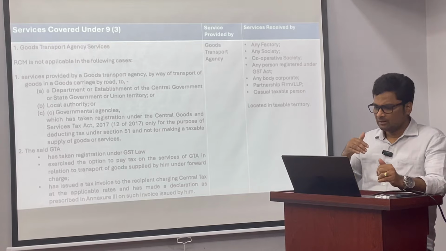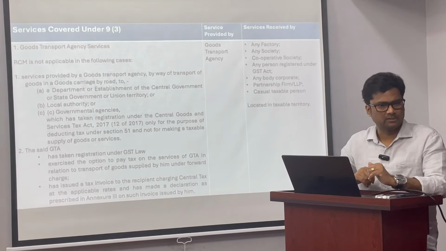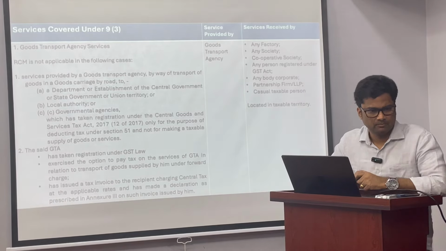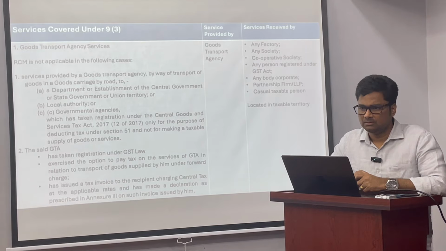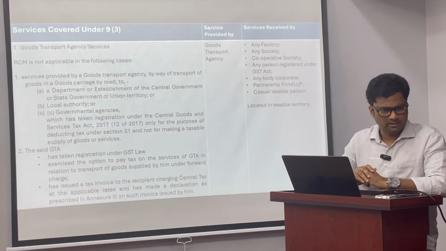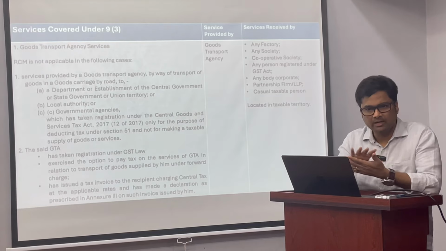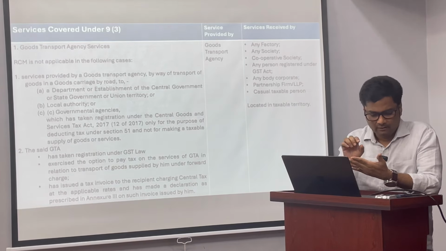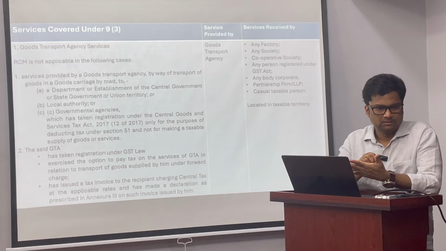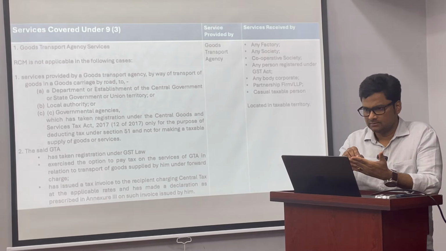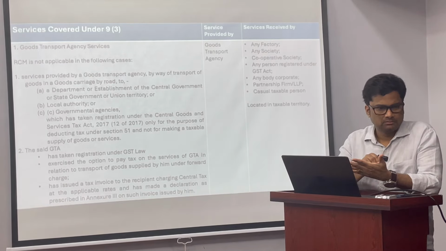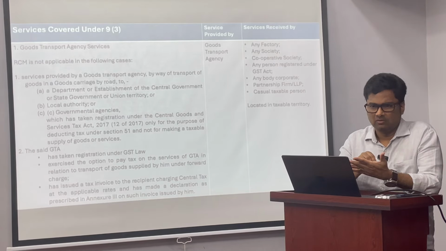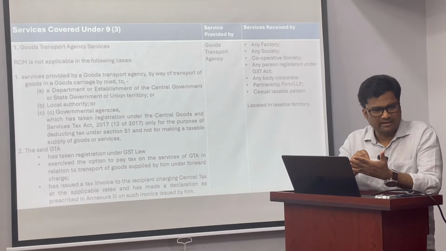What is this consignment note? Consignment is the one when you hand over the goods for transportation to a transporter. What will they do? Oh, okay sir, you go. We will take care. They'll prepare a note. Who has given? To whom it is to be delivered? What are the goods? What is the description? What is the quantity? What is the value?